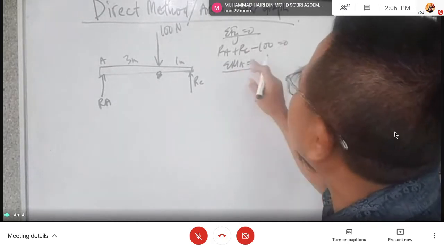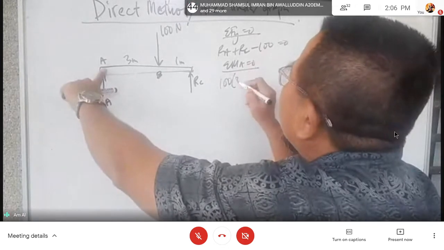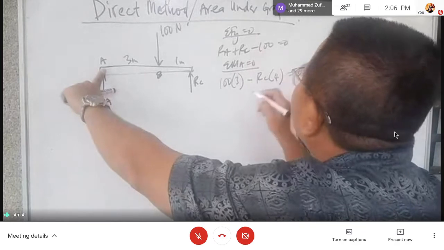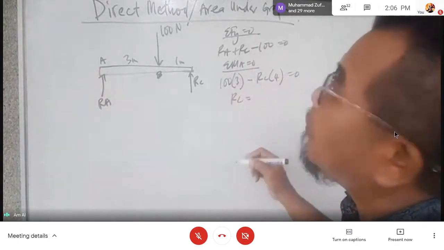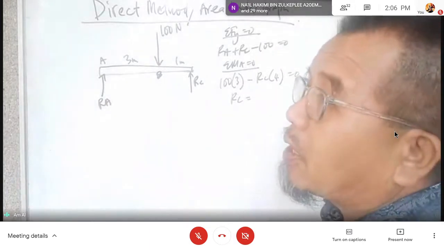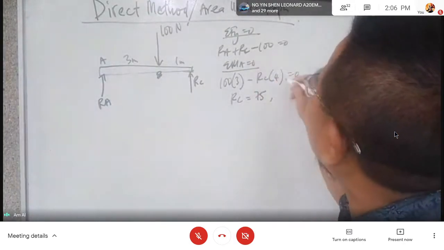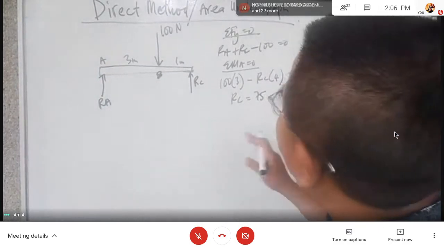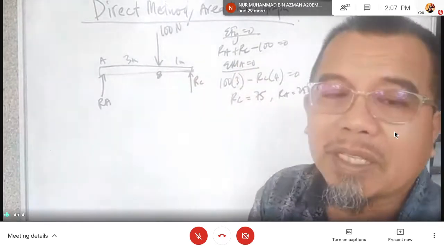So what do I have there? 100 times 3 minus RC times 4 is equal to 0. So RC is equal to 300 divided by 4, which is 75. And then you solve RA there. RA is equal to 25. So those are the simple statics that we know.